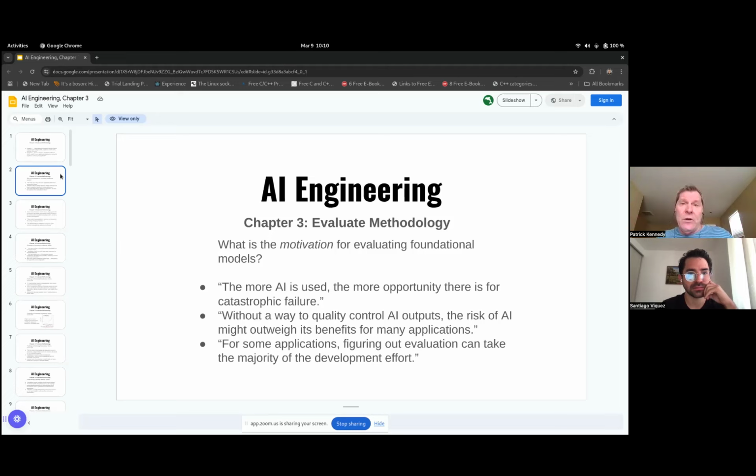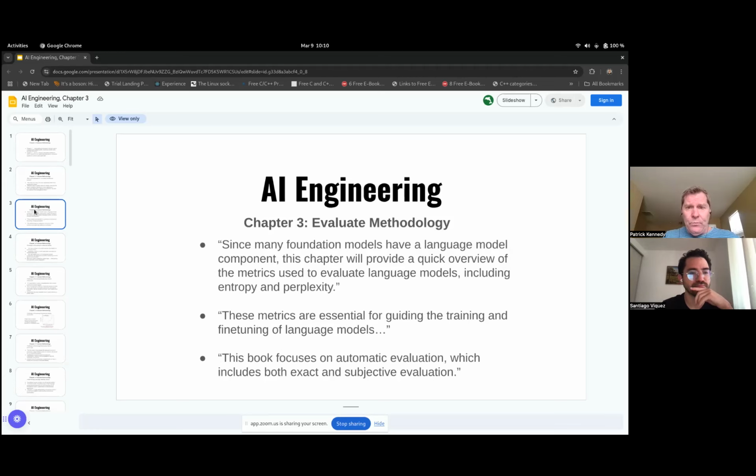And there is a challenge there because it is more difficult to have an open-ended model. There are more challenges with the evaluation process. So let's go on, we're up to the third slide.